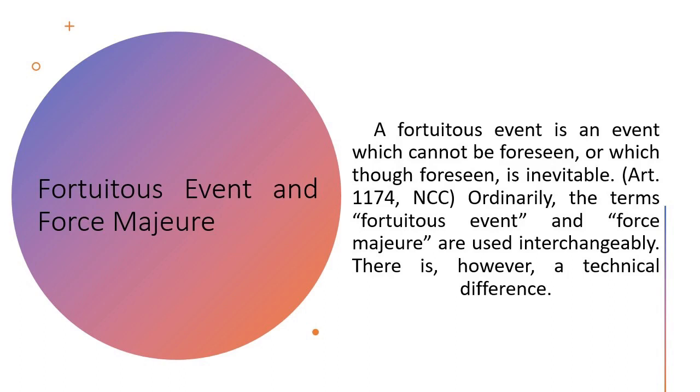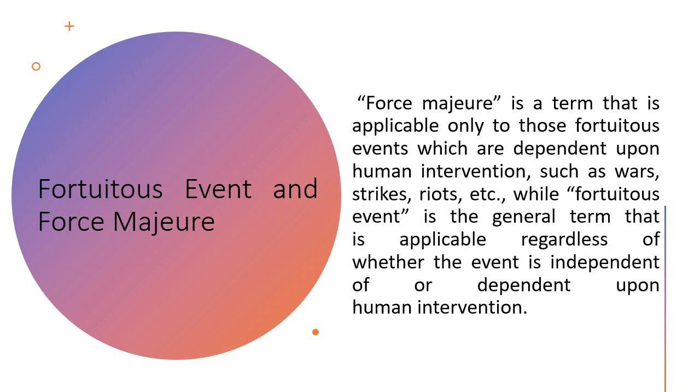Fortuitous event and force majeure. A fortuitous event is an event which cannot be foreseen or which, though foreseen, is inevitable. Ordinarily, the terms fortuitous event and force majeure are used interchangeably. There is, however, a technical difference.